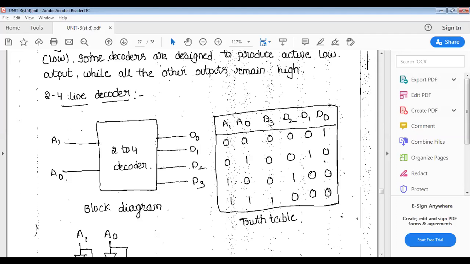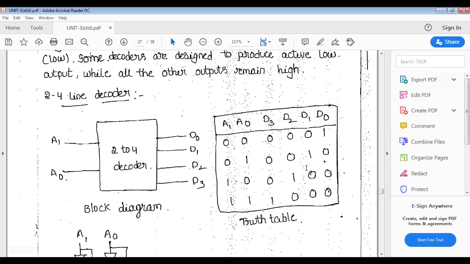The output activates only one line, depending upon the inputs. 0 1: D1 is high, the remaining are zeros. 1 0: the decimal value is 2, so D2 is high and the remaining are zeros. 1 1: the decimal value is 3, so D3 is high, the remaining are zeros.